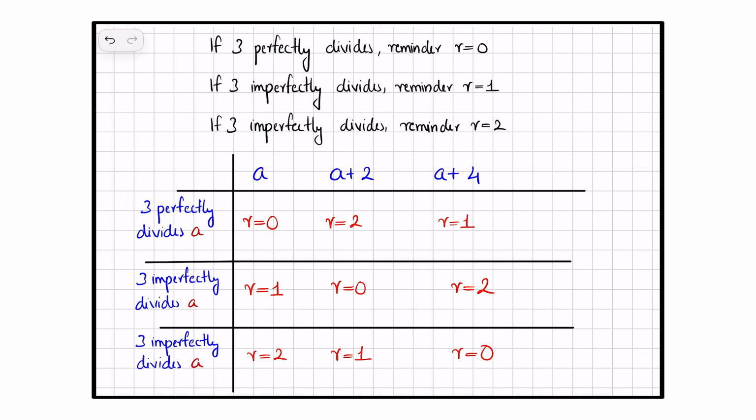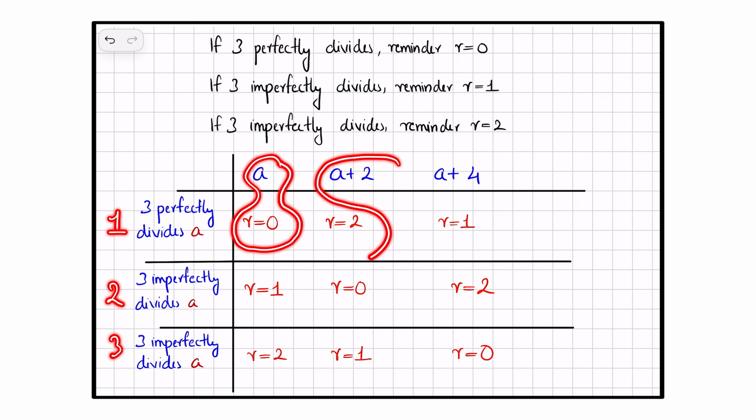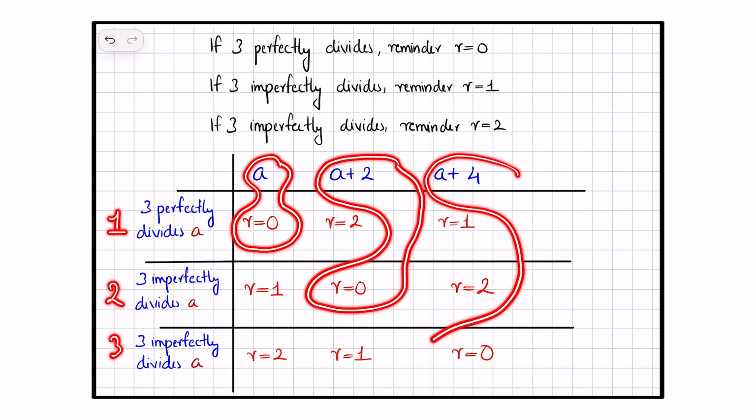Now look clearly, we checked all the 3 cases and we see that in each of these cases we have a number that is perfectly divided by 3.